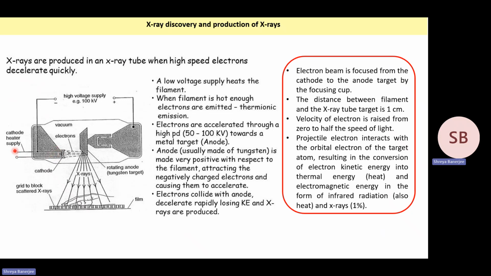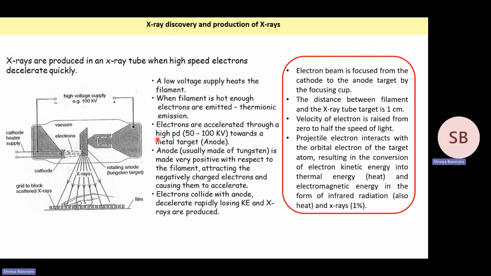The voltage passing through this wire heats up the cathode filament, and when the filament is hot enough, it emits electrons. This is called thermionic emission. These electrons are then accelerated towards the anode. The anode is positively charged, which is why the electrons get accelerated towards it.